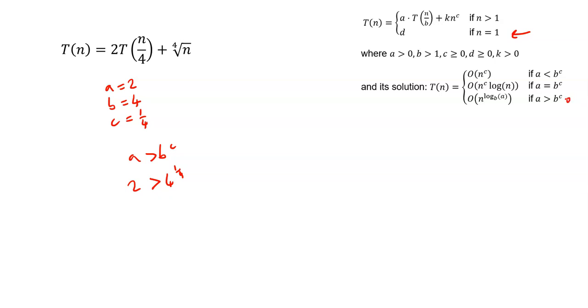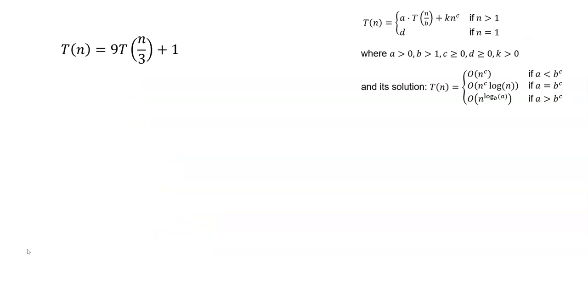So we are dealing with the final case up here. We know this is going to be big O of n to the log base b of a, so log base 4 of 2. Log base 4 of 2 is a half, so big O of the square root of n. That's one we don't see very often.